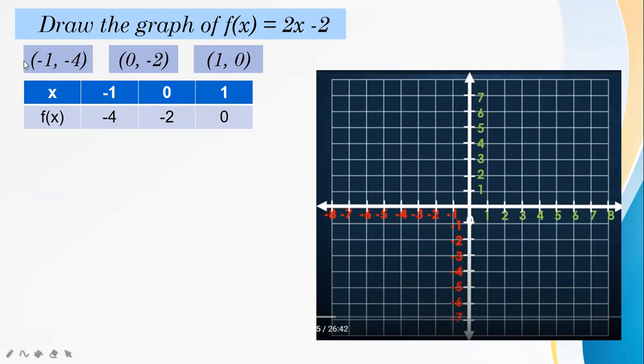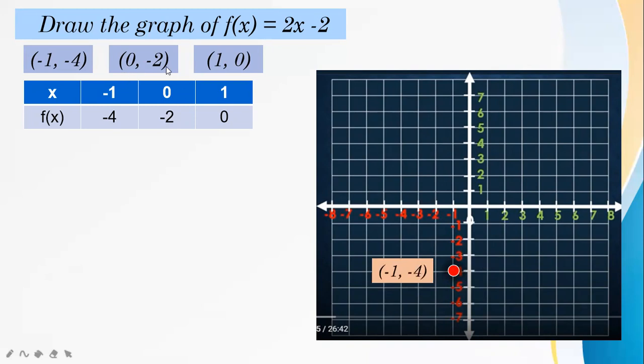So the first one, we have negative 1, negative 4. So you move 1 unit to the left of the y-axis and 4 units down, below the x-axis. So 1, then 1, 2, 3, 4. Therefore, this will be your given point, negative 1, negative 4.